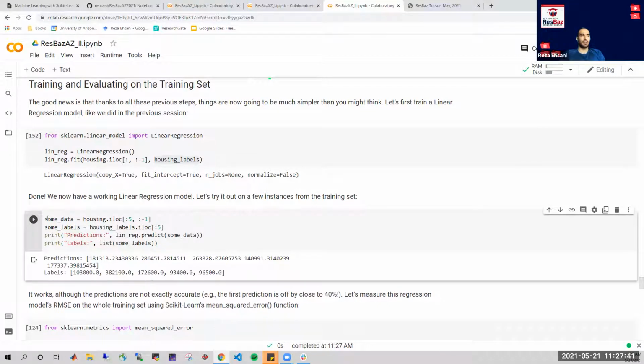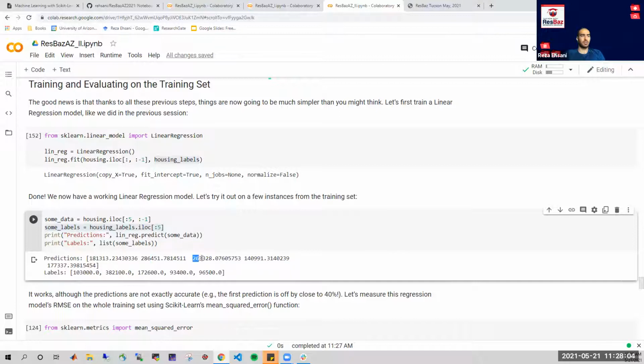So I have created some data from the housing data and also some labels, the targets it should be predicting, and here we can see the results. For the first example, the prediction is 181,000. For the second one it is 286,000.